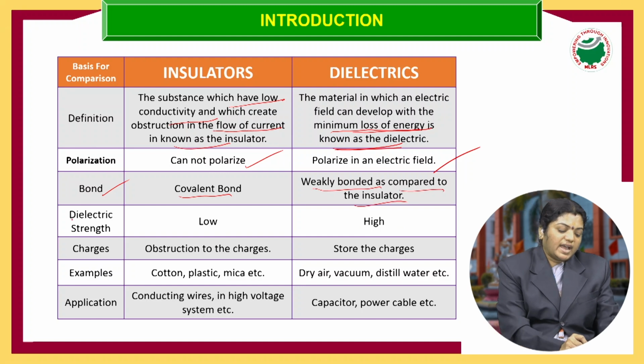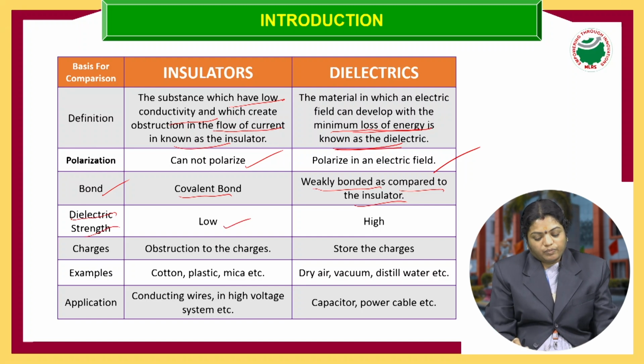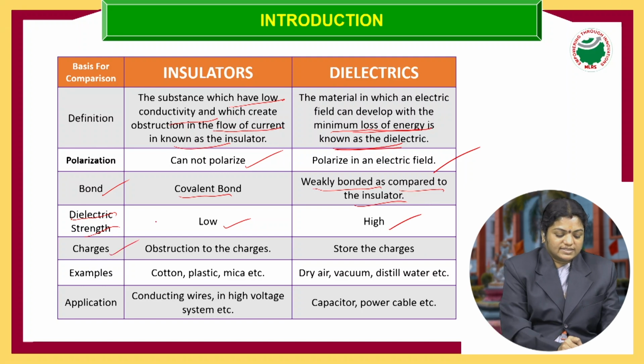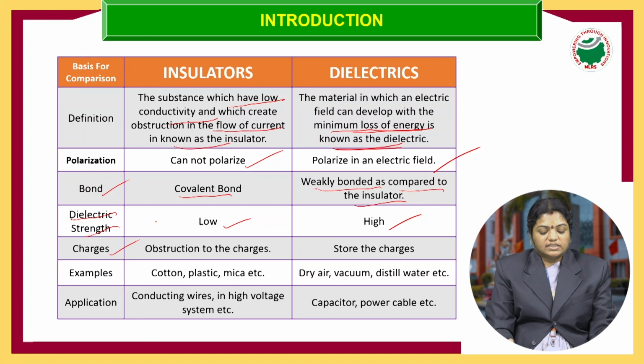Coming to dielectric strength, in insulating materials it is very low, and in dielectric materials the dielectric strength is high. As for charges, insulators obstruct the charges, and dielectric materials store the charges.